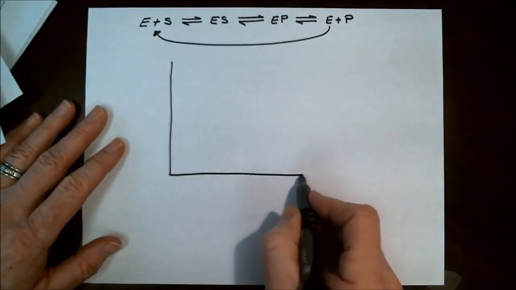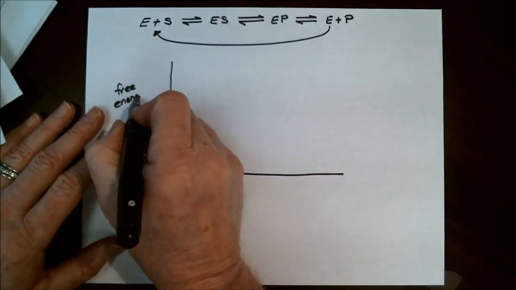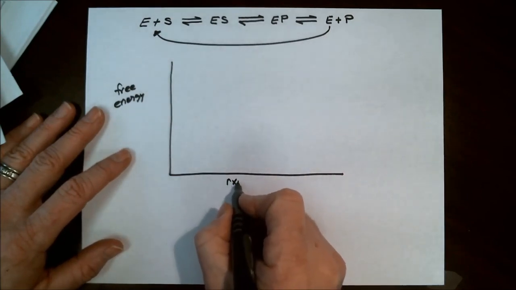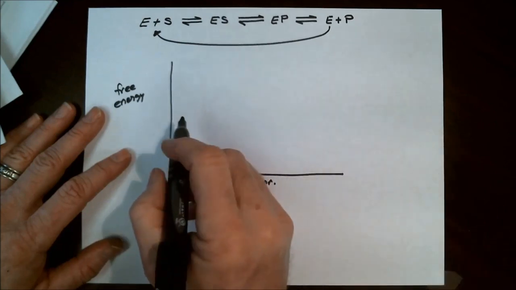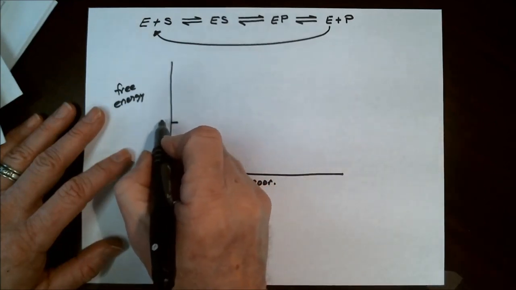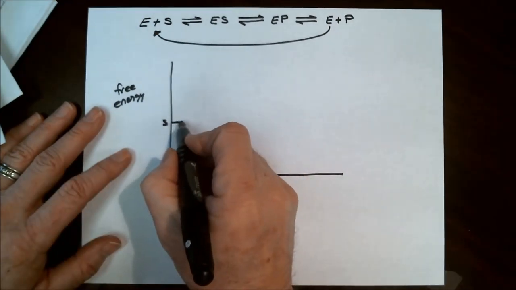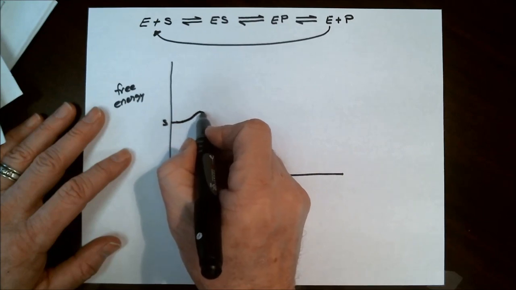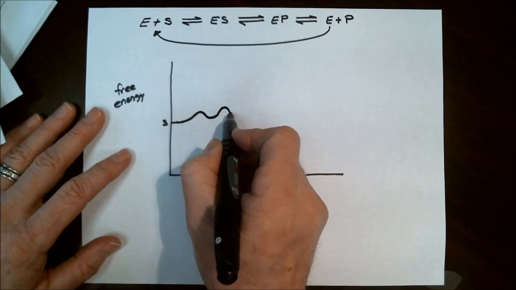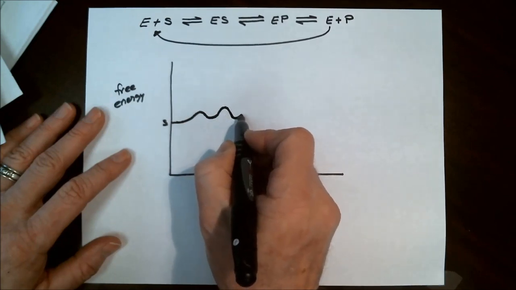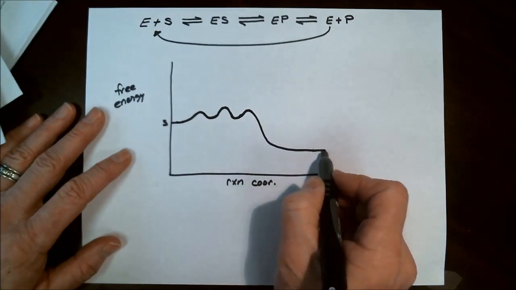Now, how does this play out on our free energy graph? Let's look at the mechanism based on what we've seen before. So an enzyme is going to take a substrate at a specific free energy and reduce the activation energy in order to generate the product.